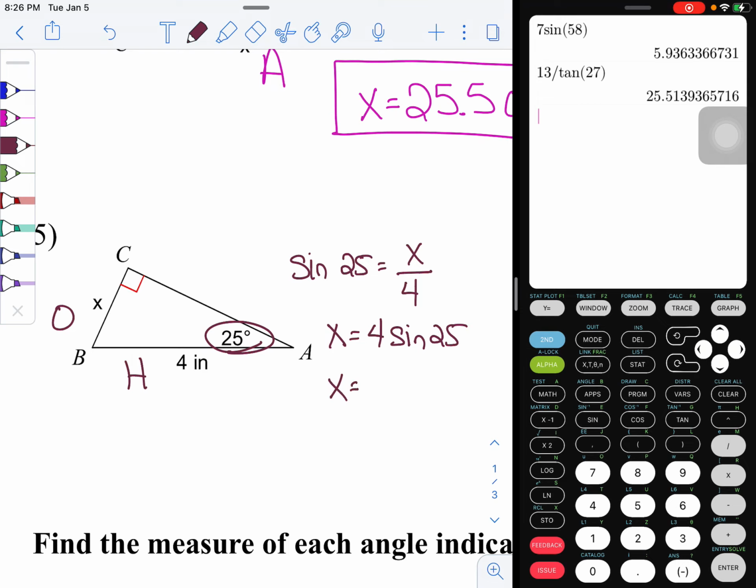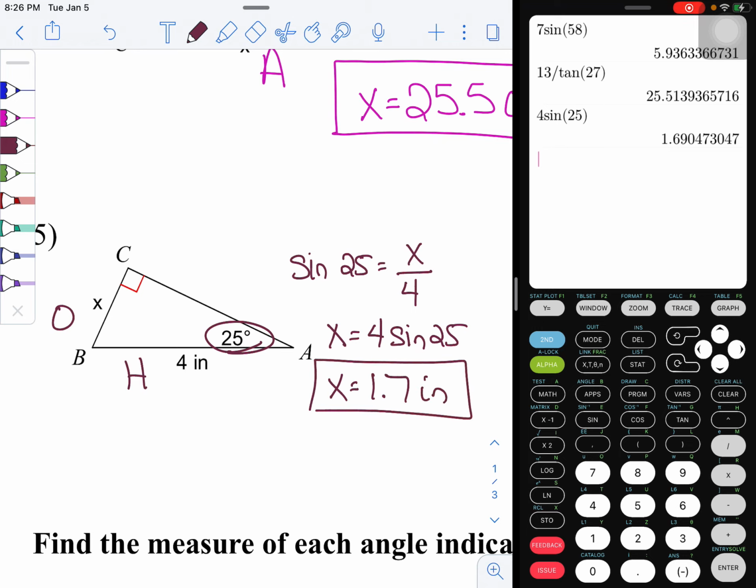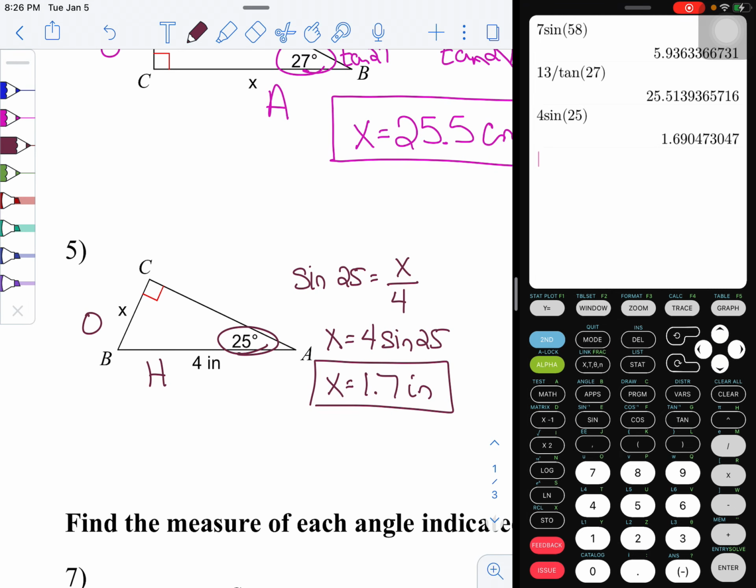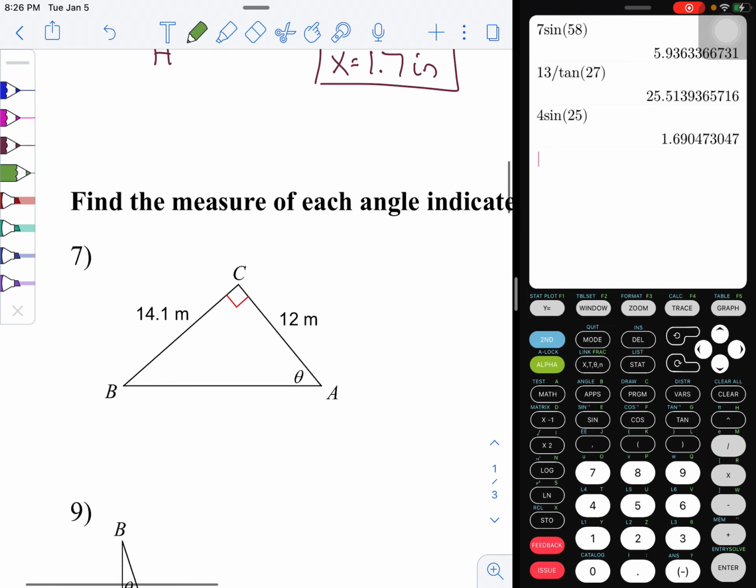So right into the calculator with 4 sine of 25. And I'm getting x is equal to 1.7 if I round it. And we're talking about inches here. All right, so that takes care of the first 3 odd questions, I should say.